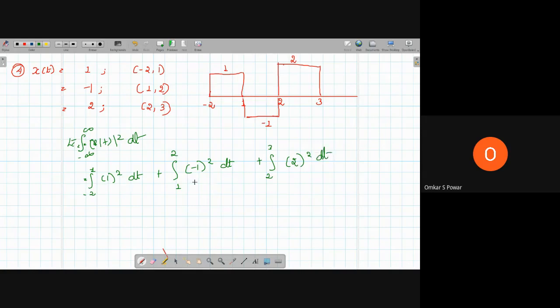So these things you have to solve. If you solve this, you'll get the answer as 8. So like previously, you can solve this. There is simple mathematics. So I have given you the logic.